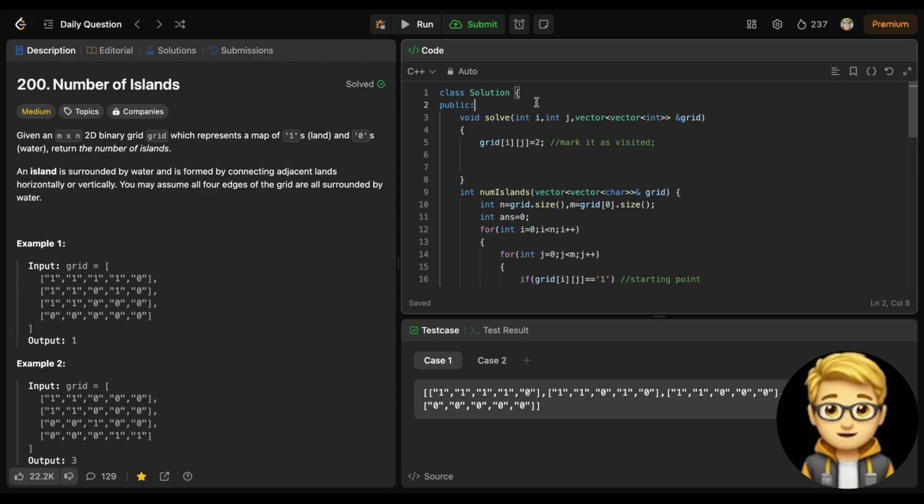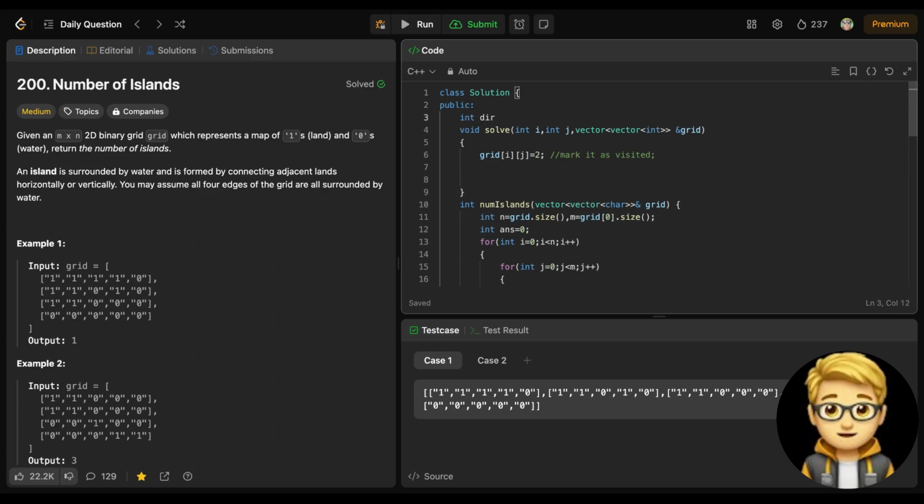So what will I need to do for four directions? I will make a 4 cross 2 array, so that I can move in all the directions. You can also write it manually, but I am just trying to automate this.